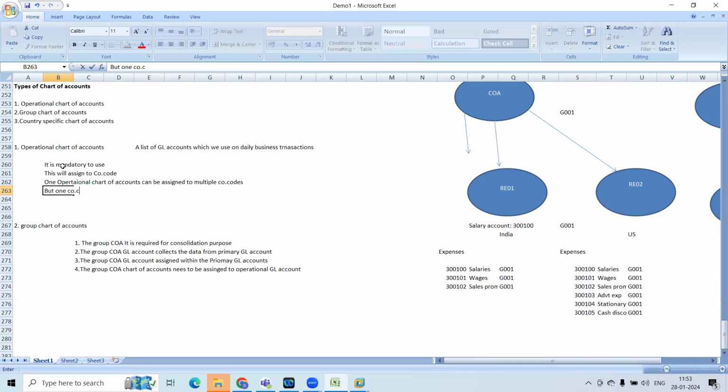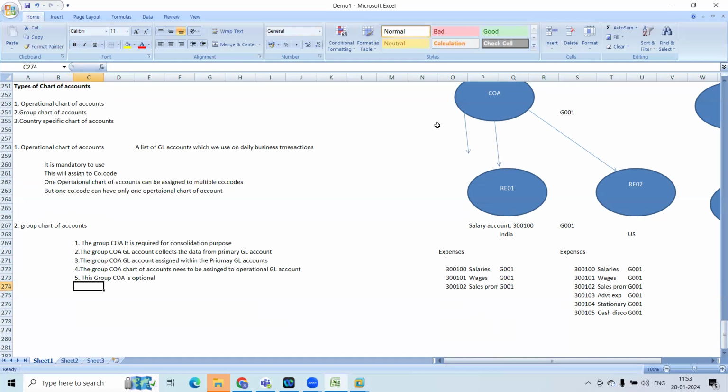One company code can have only one operational chart of accounts. It is mandatory. This group chart of accounts is optional.